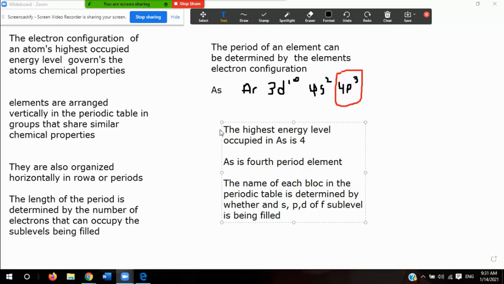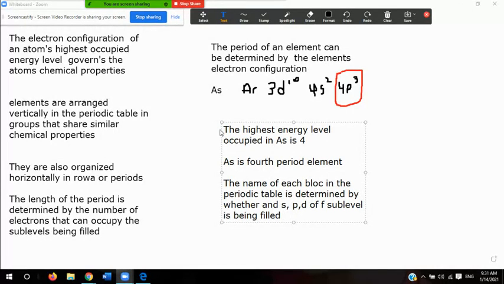The F block elements are the elements that range from atomic number 58 through 71 and 90 through 103, and they're at the bottom of the periodic table.